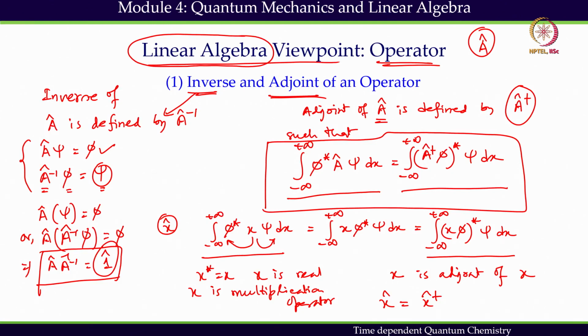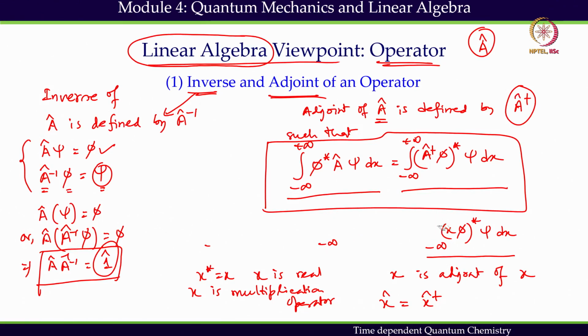Now, we will check a derivative operator, to see what kind of results we get for it. We have already seen that the x operator is equal to its adjoint.